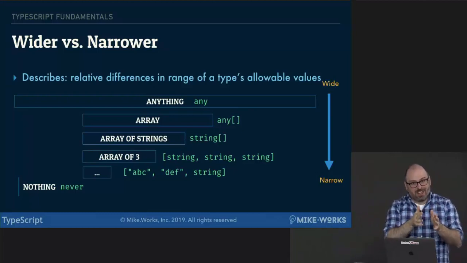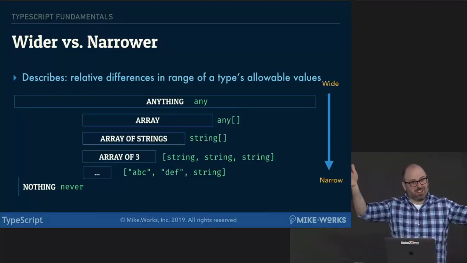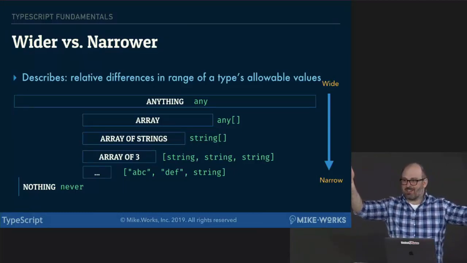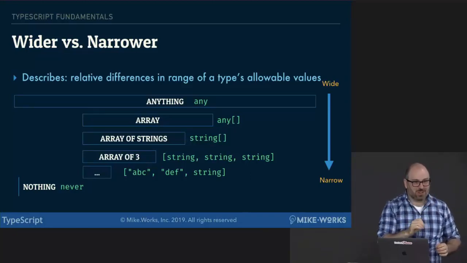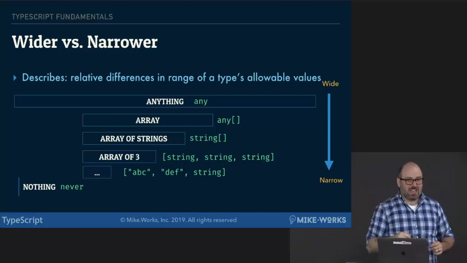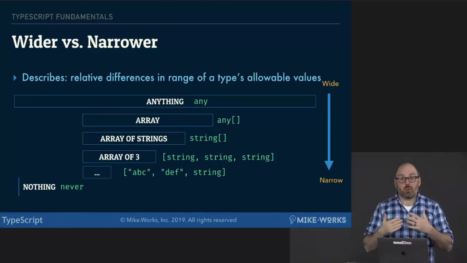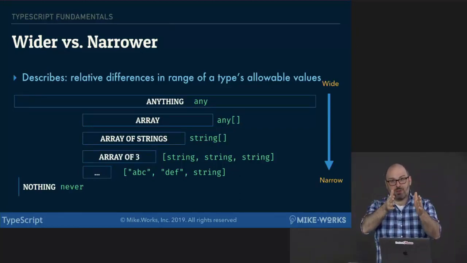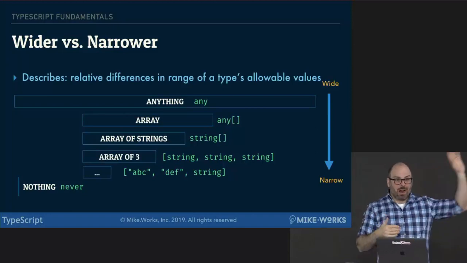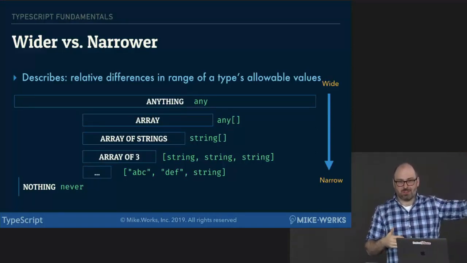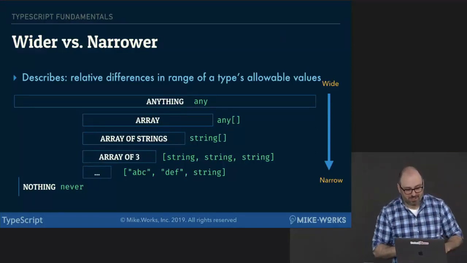So narrower values can always fit through the wider hole. That's the way I kind of think of this. But if you wanted to have specifically an array of strings, and you had an array of any, you'd have to find a way to narrow that type and to validate that only the correct thing fits through. So this is what we mean by wider and narrower. Wide is very general. Narrow is extremely specific.